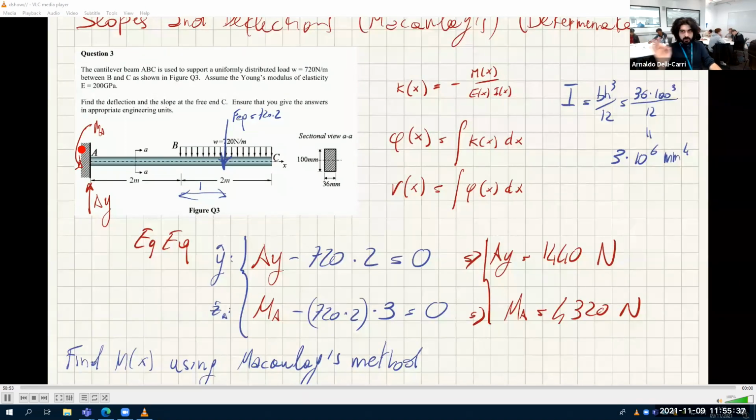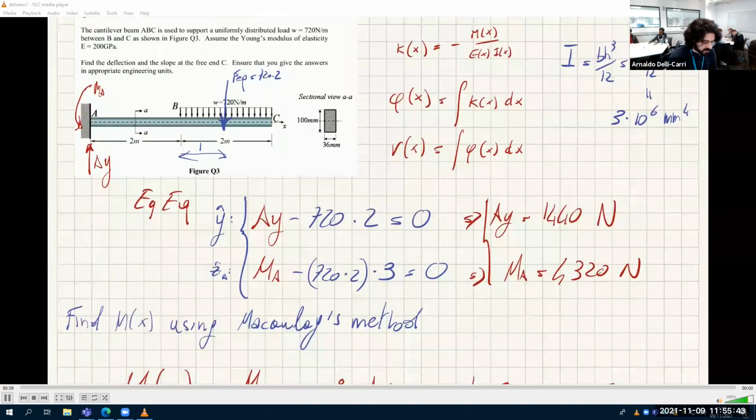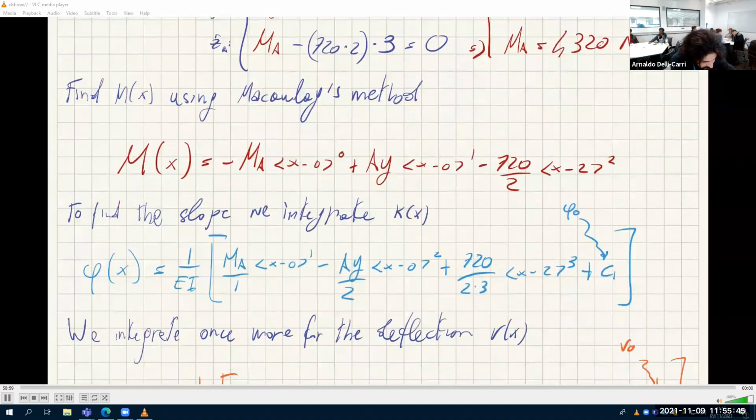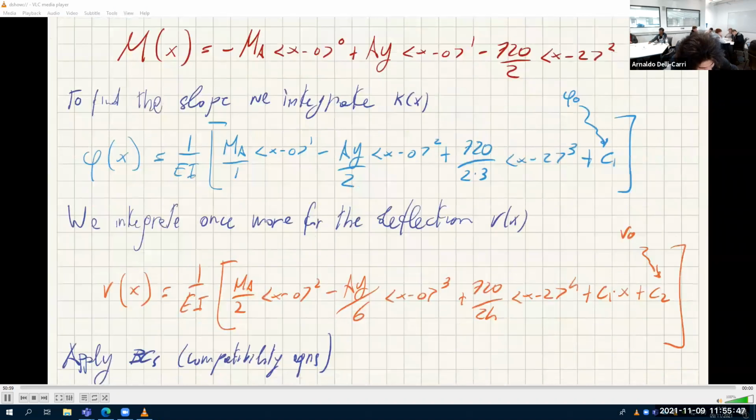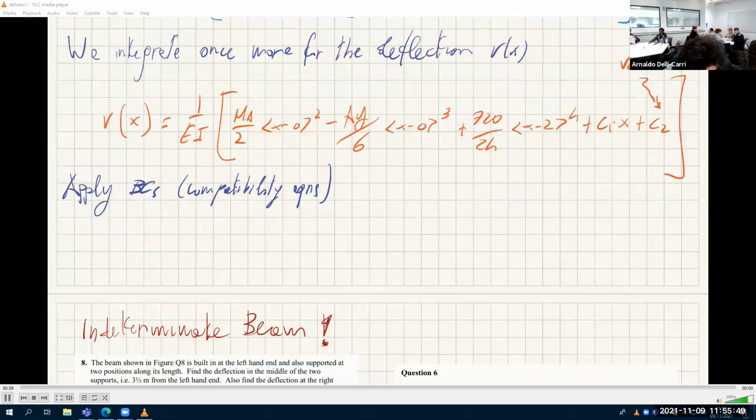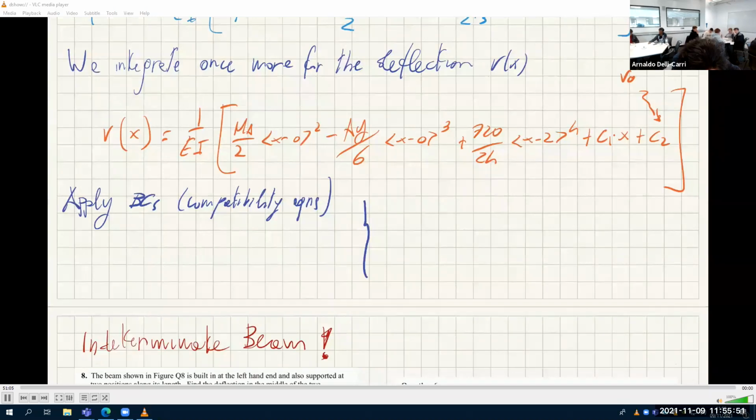So when x equals 0, v of 0 is 0 and phi of 0 is 0. Agreed? Let's do this. So equation 1, we have fix in A, and the first equation says that V of 0 is 0, and the second equation tells that phi of 0 is 0.